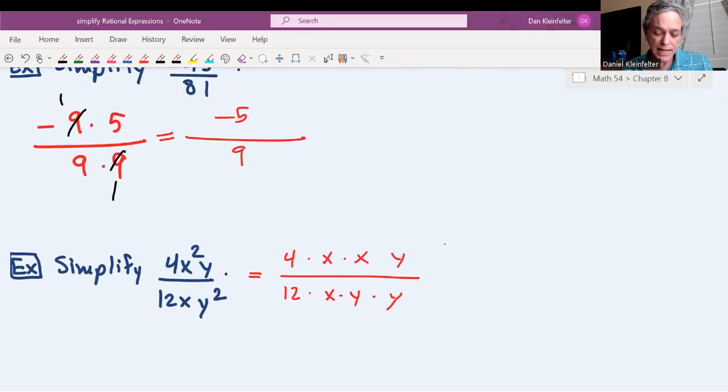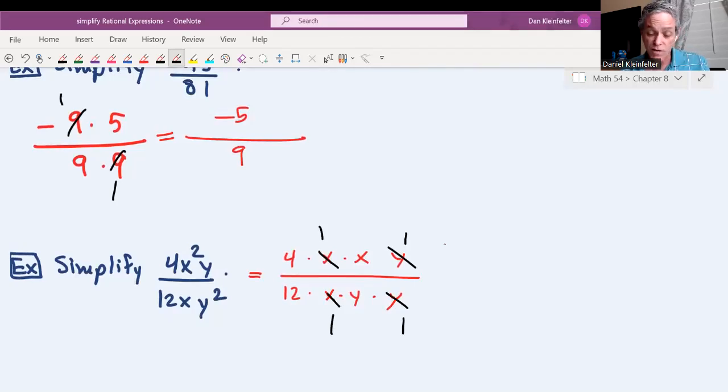All right, so then we want to see about dividing out any common factors. The numerator and denominator both have a y in there. So we're going to divide the top and bottom by y. That leaves 1. We're going to divide the top and bottom by an x. Kind of hard to cross out an x. Okay, and that will leave behind 1s.